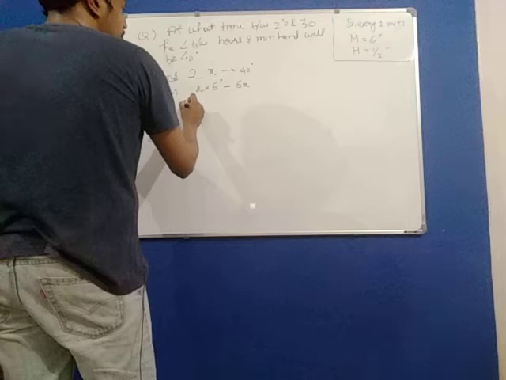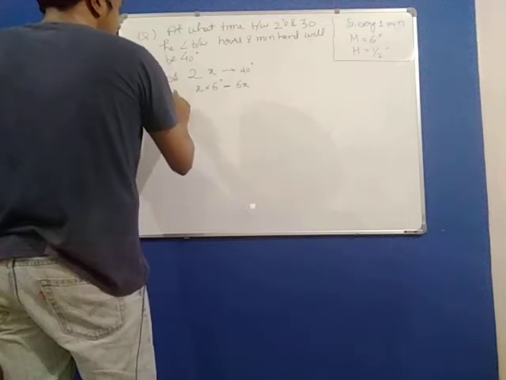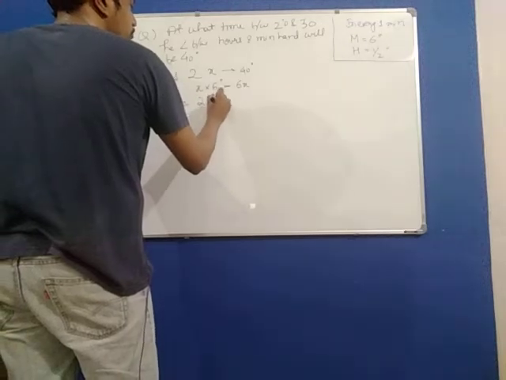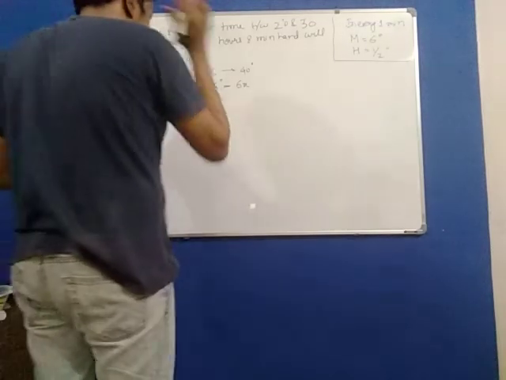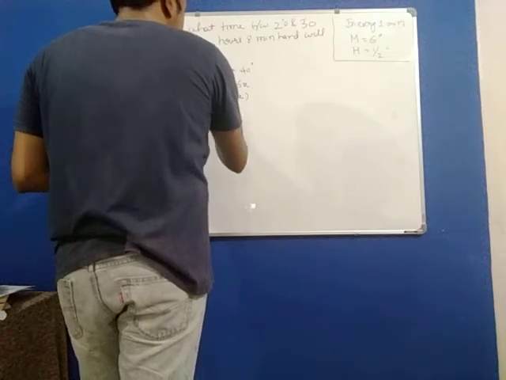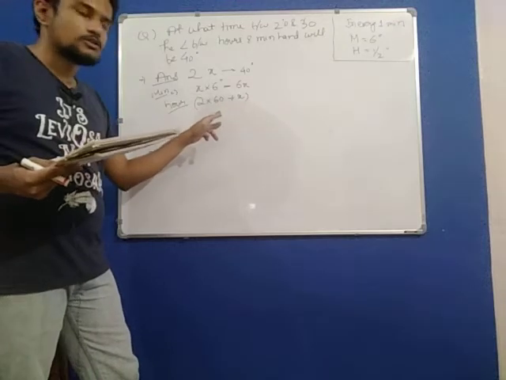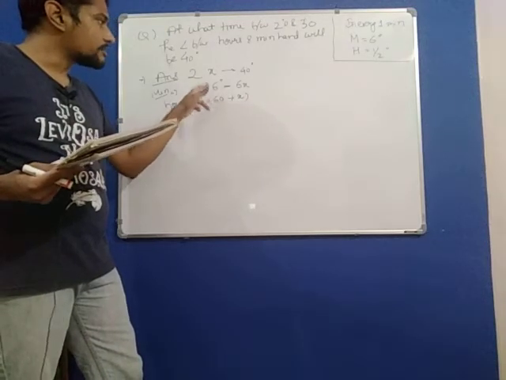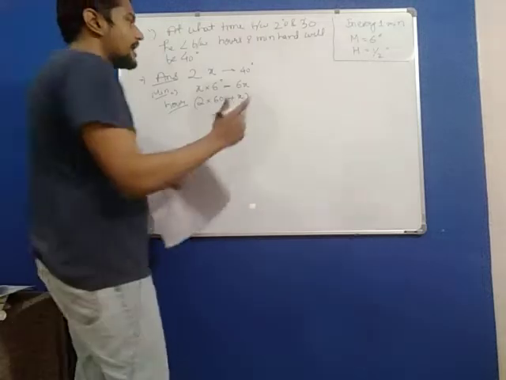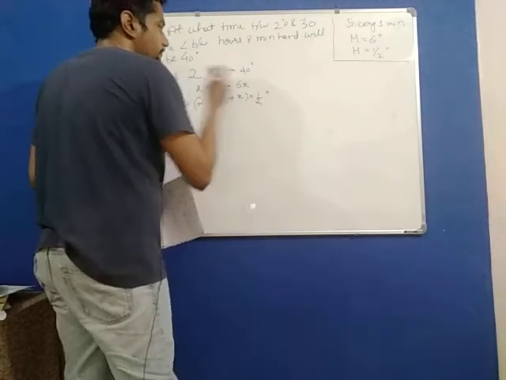For the hour's hand, in 2 hours the hour's hand would have moved through 2 into 60 minutes plus x minutes, and in 1 minute the hour's hand moves through half a degree, so in 2 into 60 plus x minutes the hour's hand would move through (2 into 60 plus x) into half degrees.